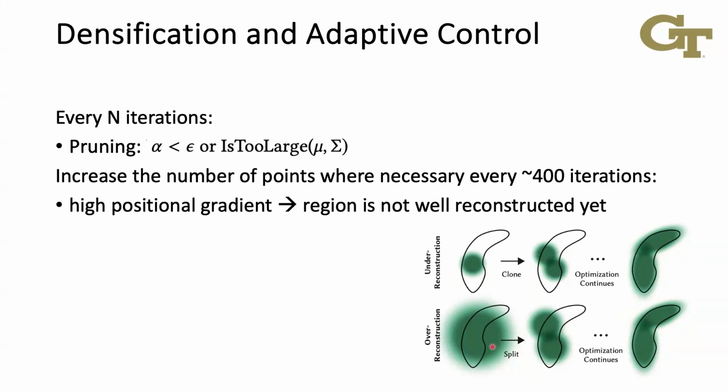And then the other thing that could happen is over-reconstruction, where a single Gaussian covers too much geometry, and it would be nice to fine-scale that region, so they split this bigger Gaussian into two smaller Gaussians, and then they continue optimization, and hopefully it converges.